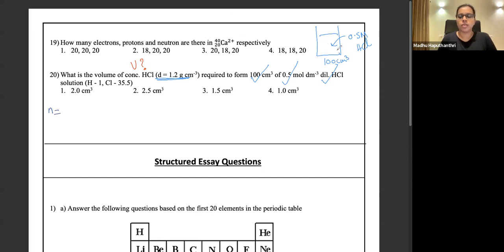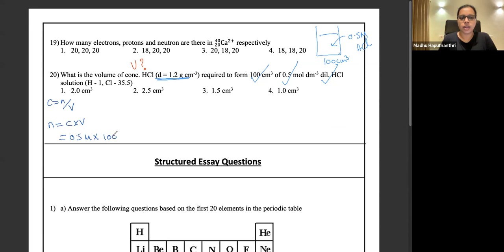Then volume is there, concentration is there. So I can go with the equation C equals N over V. I'm looking for N, so concentration times volume. Concentration is 0.5 molar.